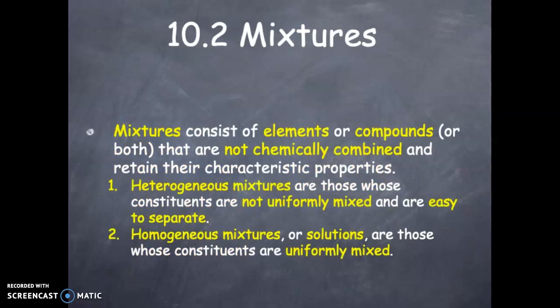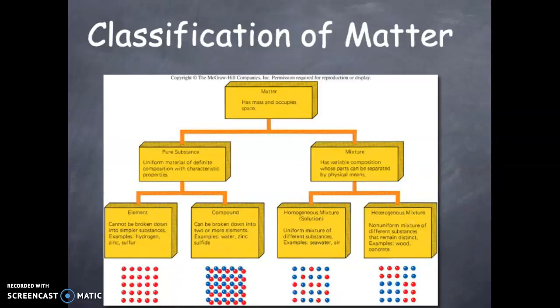Mixtures now consist of elements or compounds or both that are not chemically combined and retain their individual characters as the substance exists. And now you will find there are both heterogeneous mixtures and homogeneous mixtures also. Classification.